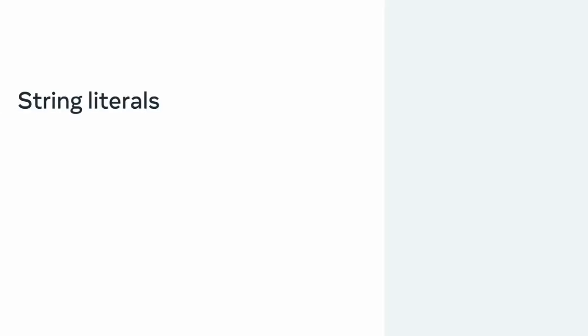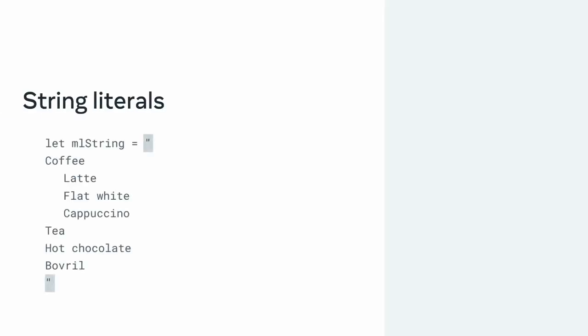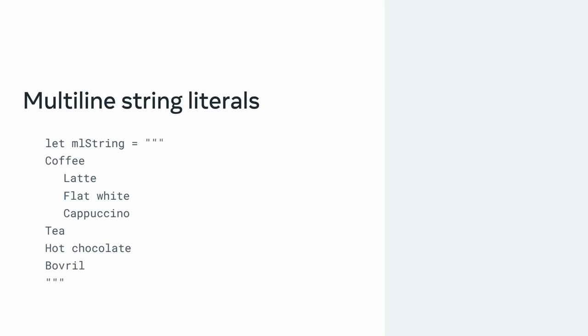Finally, let's explore how you can create multi-line string literals. When programming in Swift, you can't create and store blocks of text in the same format as you would when typing in a text editor. For example, if you were to create a variable and assign it a multi-line string using double quotes, you would get an error. To create a multi-line string, you need to use multi-line string literals.